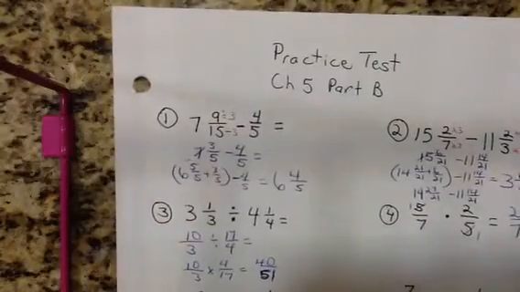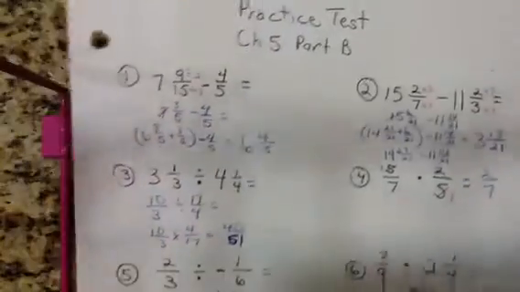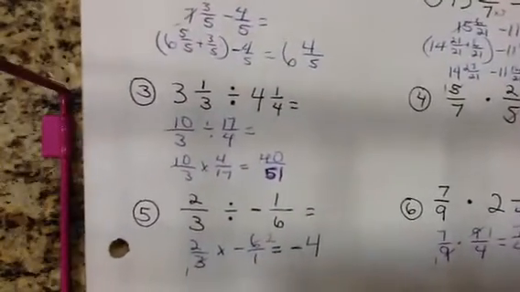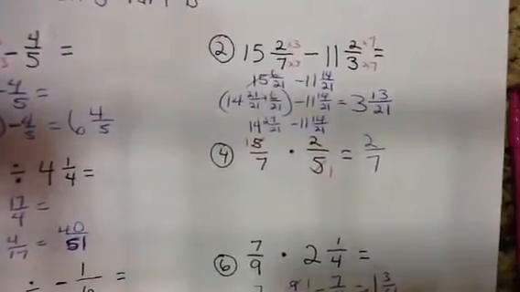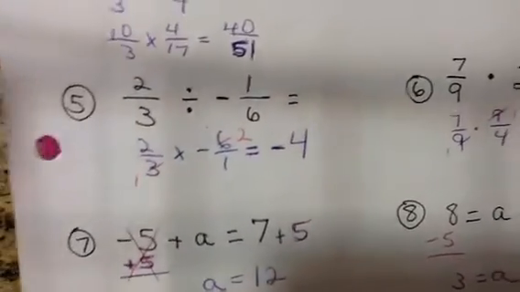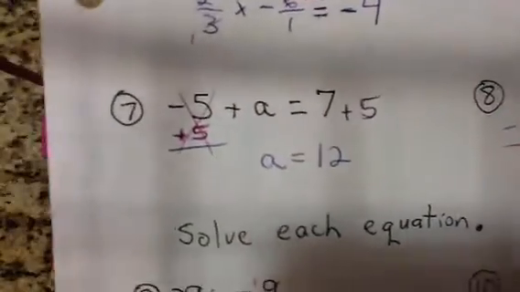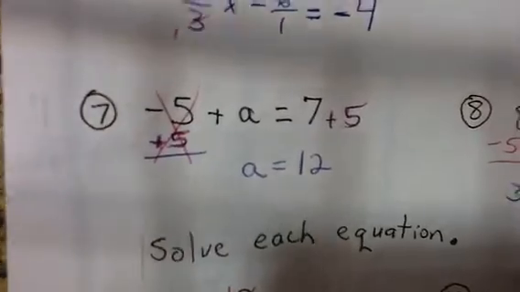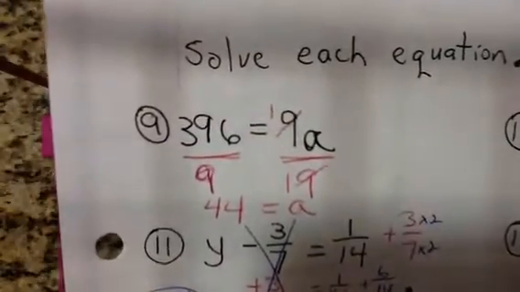There's 1, there's 2, and let me move it a little closer for 3, and there's 4, 5, 6, 7, 8, 9.